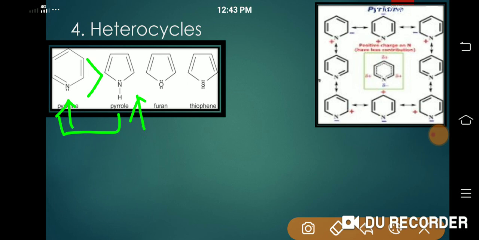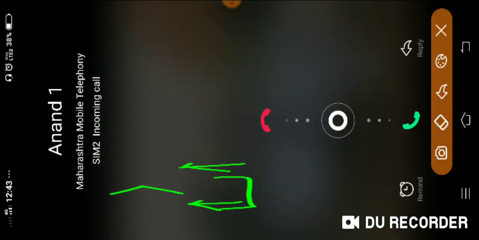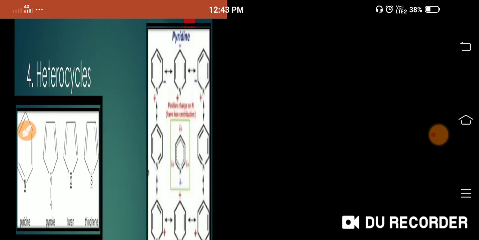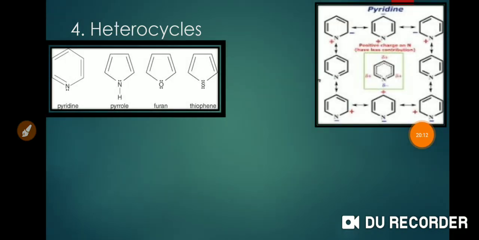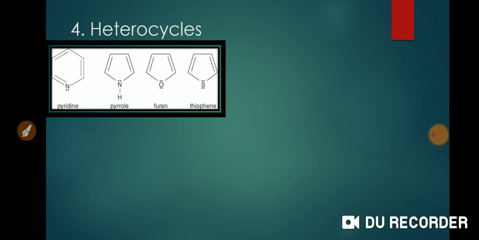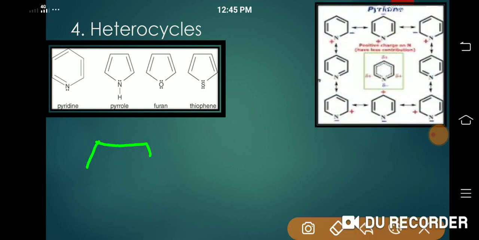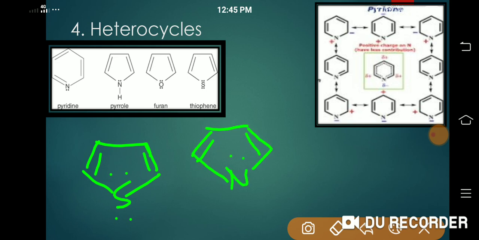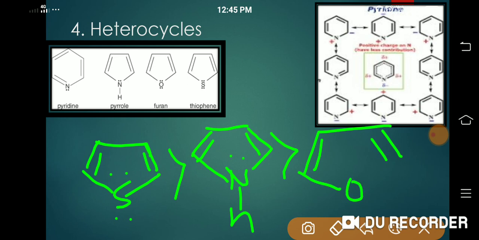Also, if we check the stability or the aromaticity of pyrrole, furan and thiophene, or the electron donating nature of pyrrole, furan and thiophene, thiophene has the highest priority compared to pyrrole, whereas pyrrole has higher aromaticity as compared to furan.